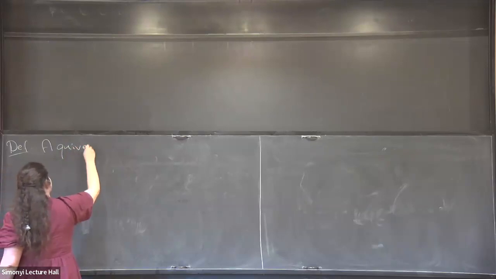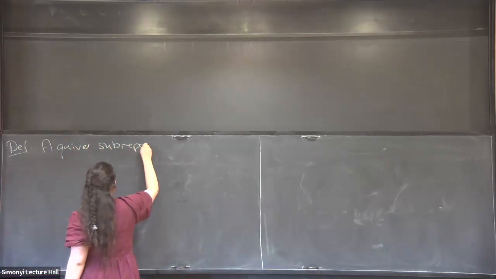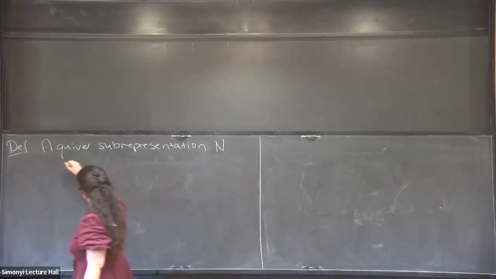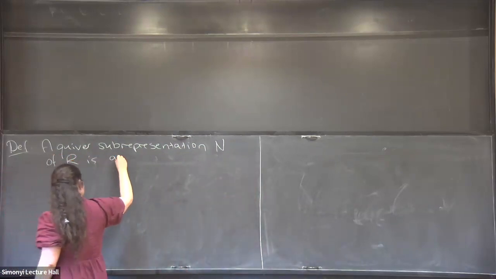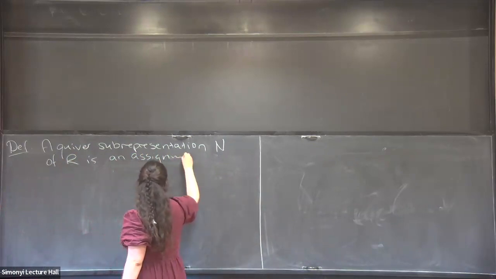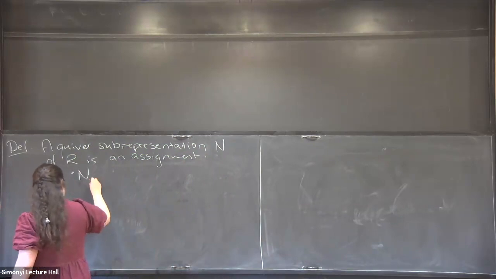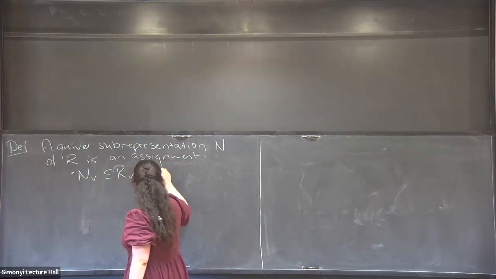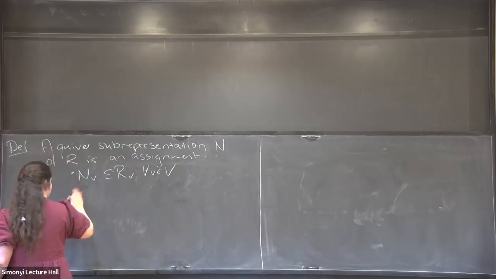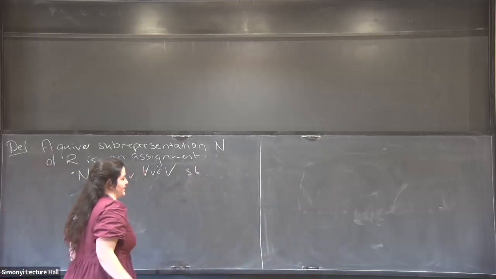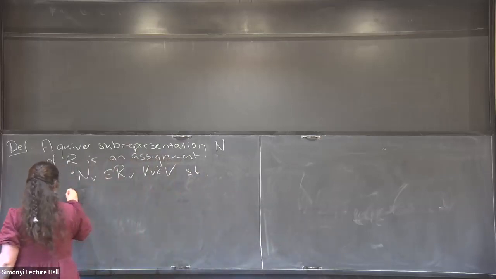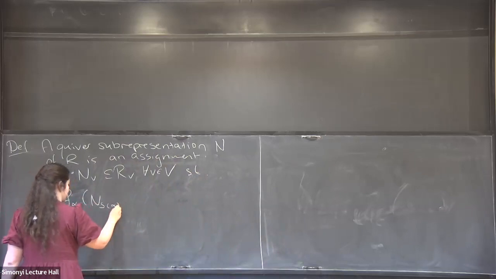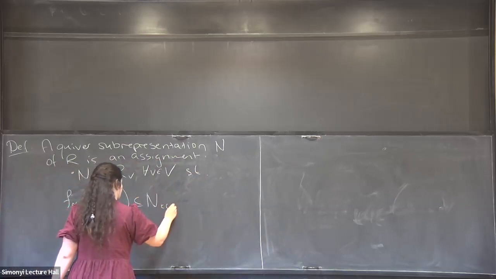A quiver subrepresentation of R is an assignment of subspaces in V to all of my vector spaces associated to my vertices, such that they satisfy the conditions imposed by the linear maps, so that alpha of N of the source of my arrow alpha is contained inside of N of the target of alpha.